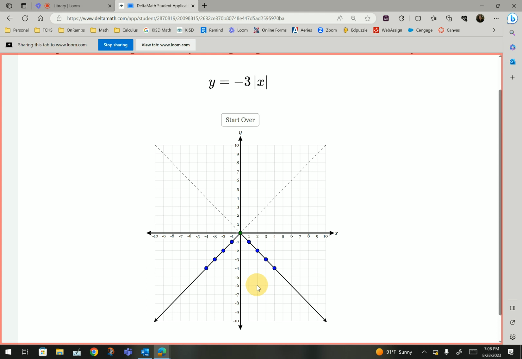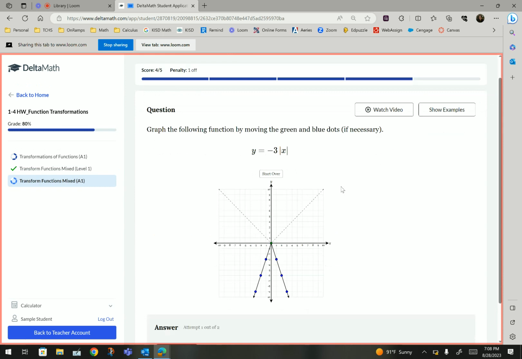So I'm going to move that blue dot from here all the way down here. So drag, drag, and I'm done. So that 3 caused the graph to get skinnier. It caused it to stretch in a downward fashion because of the negative. Okay, let's try another one.